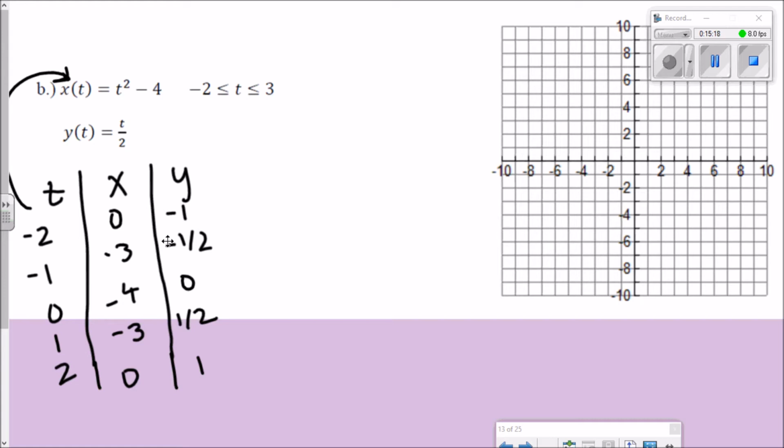So let's go ahead and plop them down. So 0, -1. Right there. Next one, -3, -1/2. Next one, -4, 0. Next one, -3, +1/2. Next one, 0, +1.